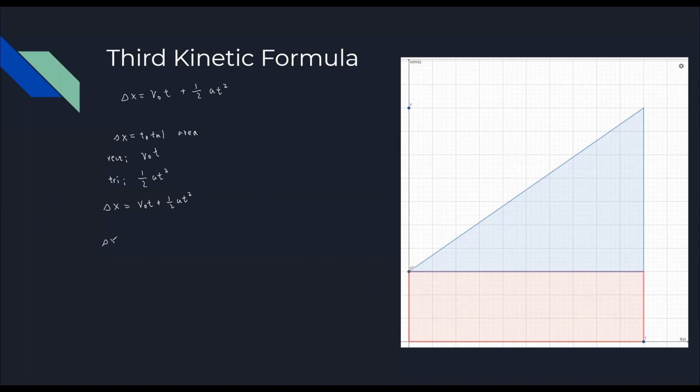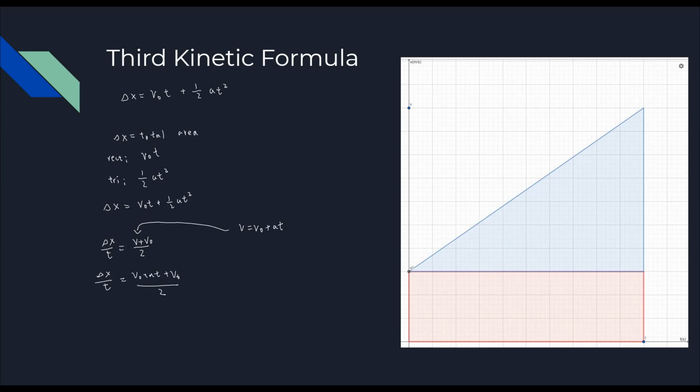In the second kinematic formula, we have delta x equal to final velocity plus initial velocity over 2, times t. And we also know that velocity is equal to initial velocity plus acceleration times time. So we can plug that right into this velocity. What this would look like is time times initial velocity plus velocity over 2.